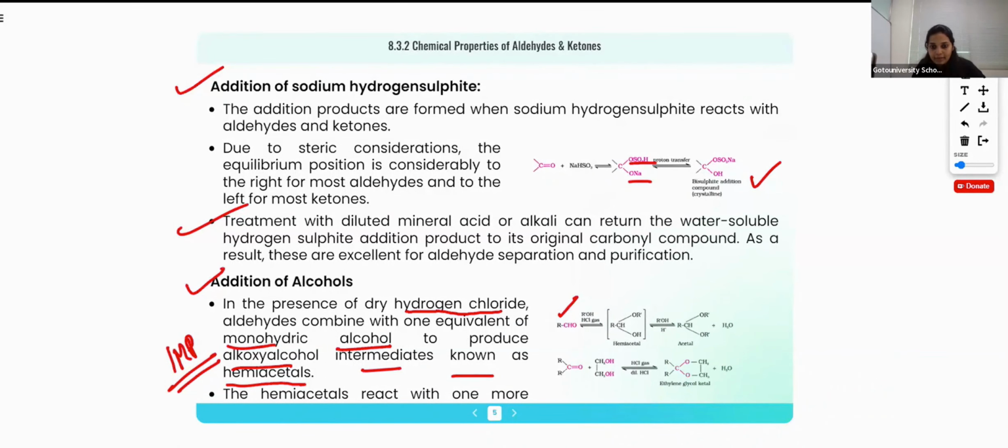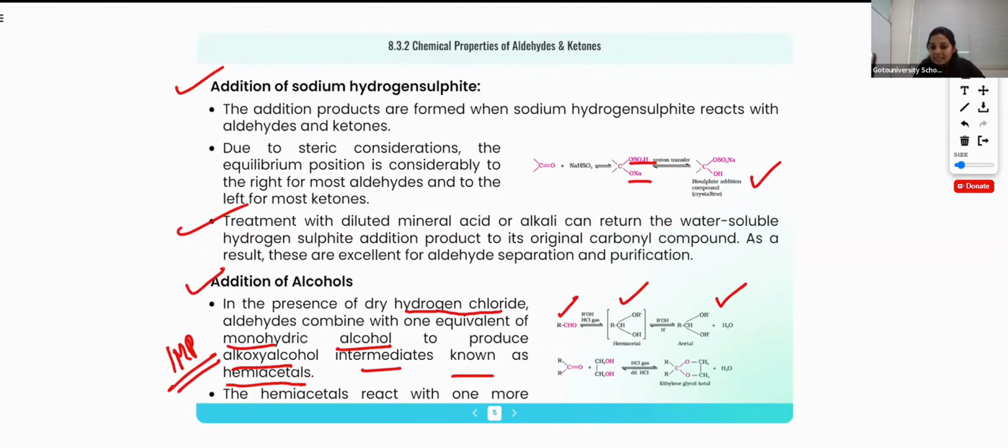The ROH group will split the same way we explained in the previous mechanism. So you will get an intermediate that is called a hemiacetal. This hemiacetal will then take the H plus ion and convert into acetal.